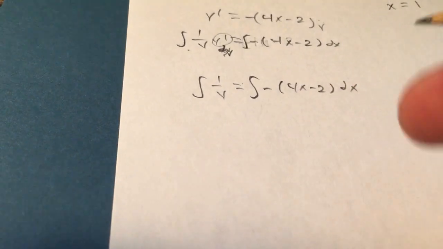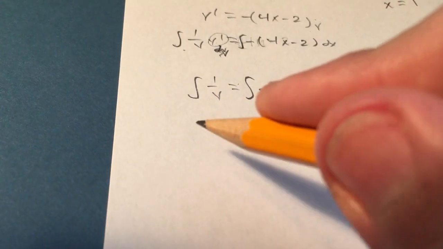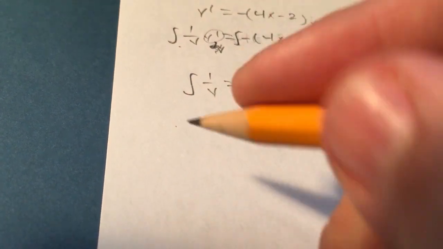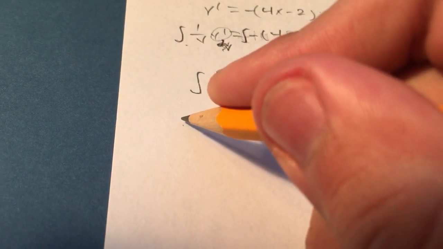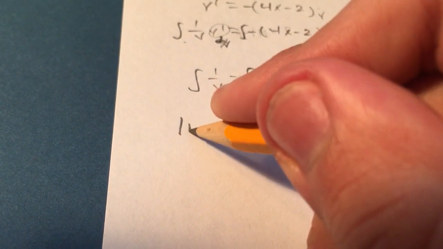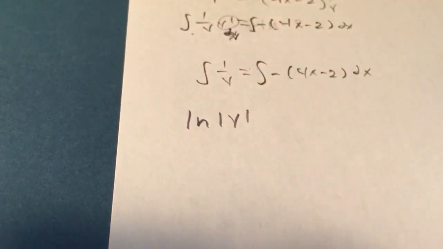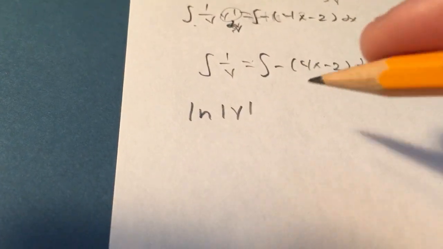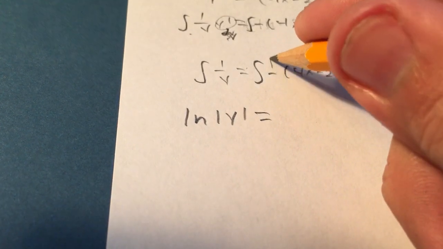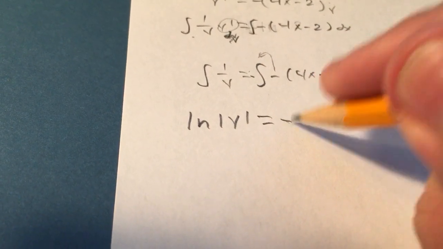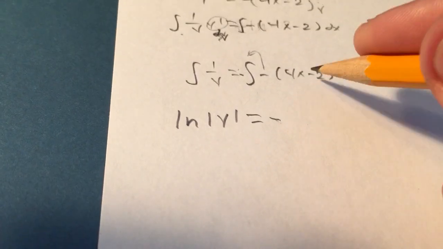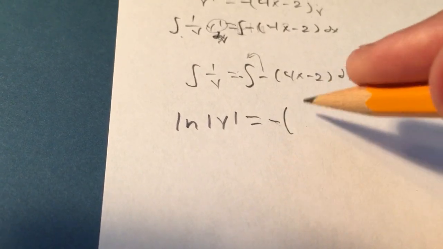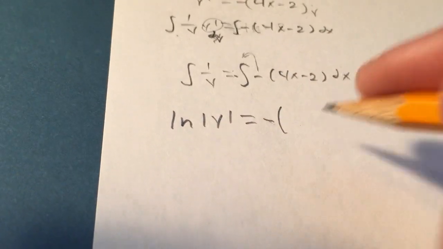Now you take the antiderivative. That's going to be the natural log, ln of y, equals the negative, which we pull outside, and then the antiderivative of the inside.